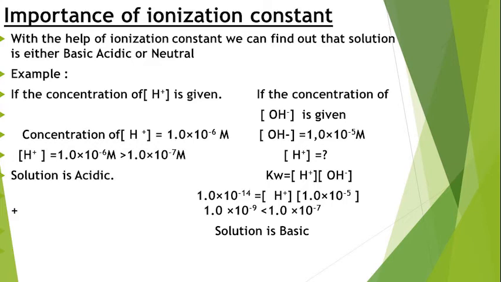So we can say when the H⁺ ion concentration is greater than 10⁻⁷, the solution will be acidic. In case the concentration is less than 10⁻⁷, the solution is basic, which we have shown in this example.